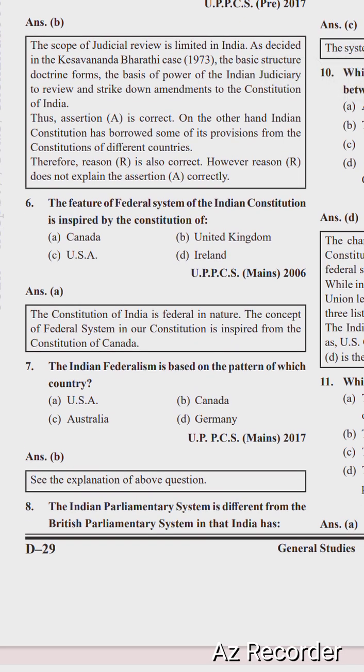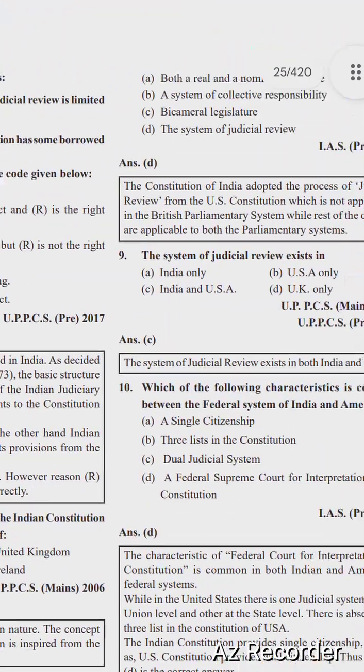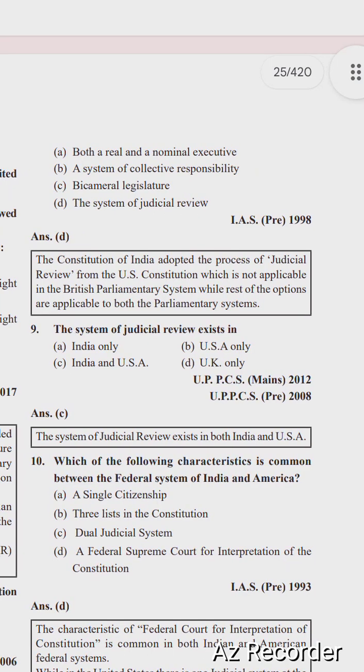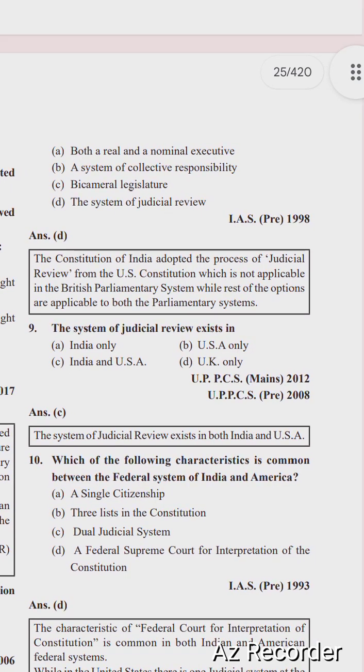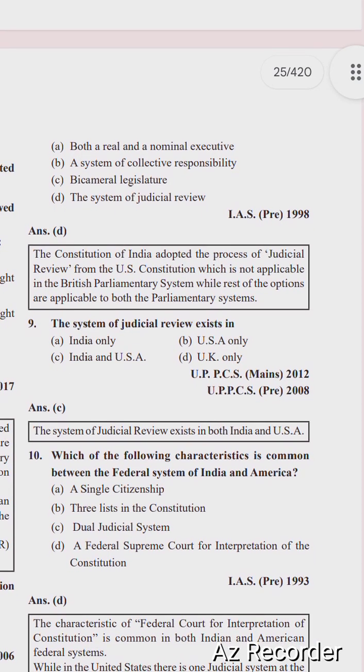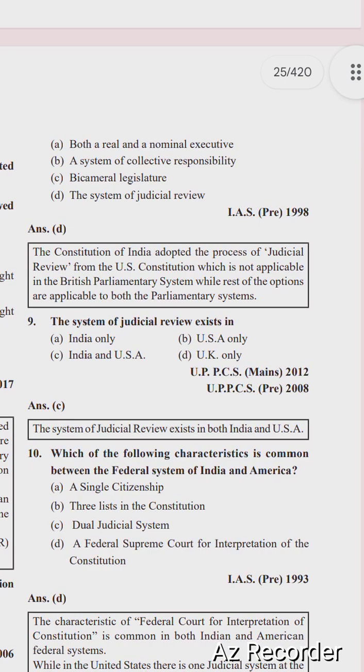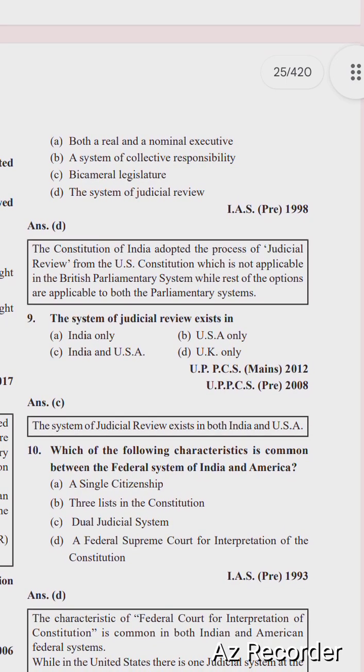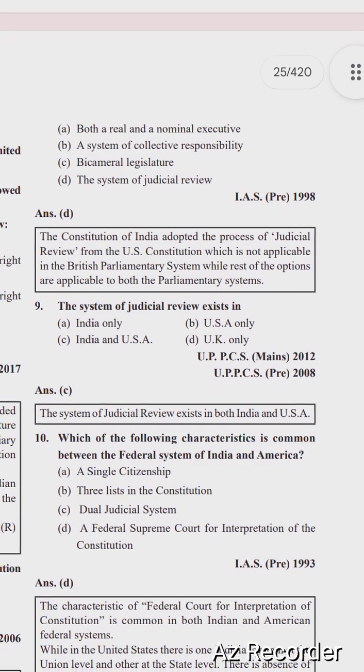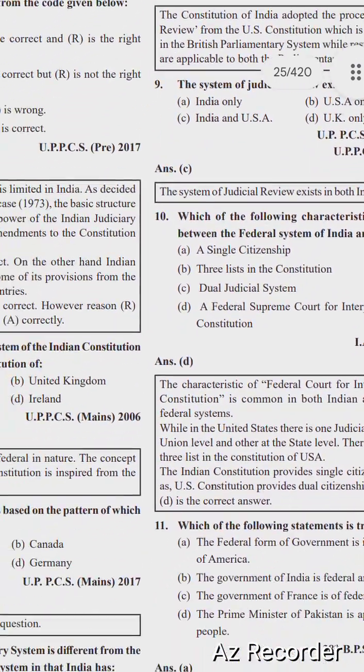Next question: the Indian parliamentary system is different from the British parliamentary system in that India has which of the following? The options are both a real and a nominal executive, a system of collective responsibility, a bicameral legislature, and the system of judicial review.